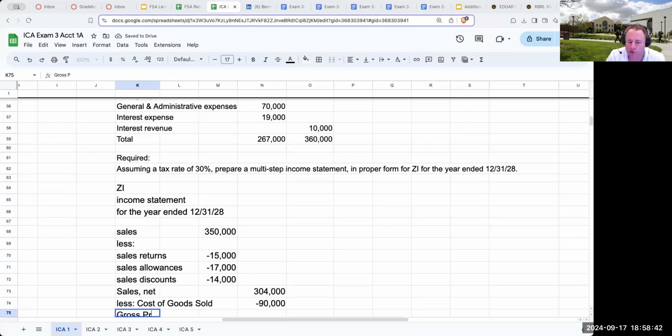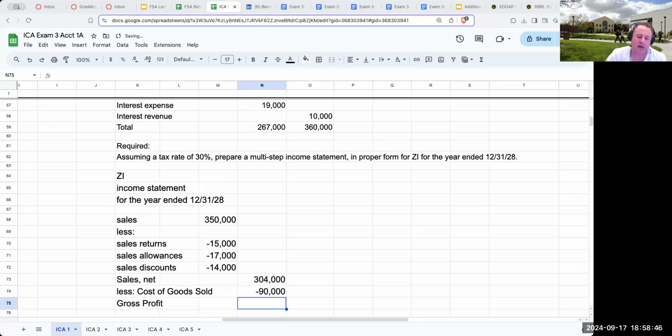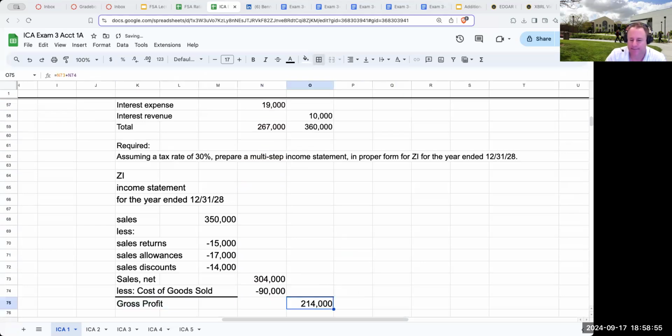So my gross profit, meaning what did I basically make off the selling of my product, is going to be 214,000. So I'm just indenting here so you can go through and see that I'm doing a calculation. When you're preparing this, remember, we don't use debits or credits, but I'm just showing this gross profit over here so you know this is how I calculated it.